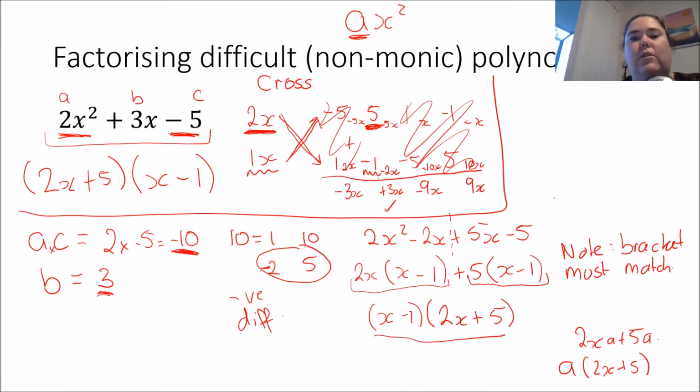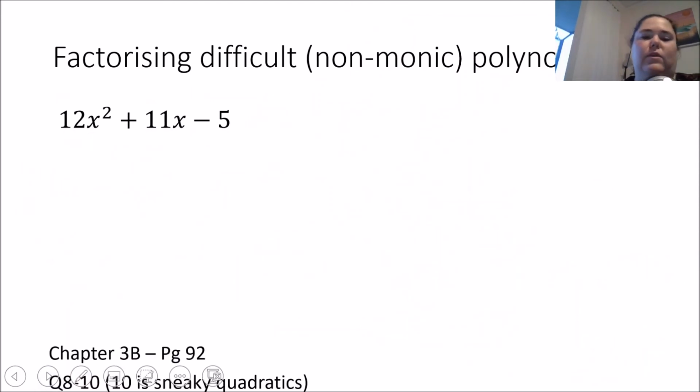Now ACB looks a bit clunkier, but it is actually so much quicker. And when you have something like this one, 12x squared plus 11x minus 5, it is so much faster. If you were going to do the cross method with this one, you would have to consider all of the options for the factors of 12 in your crosses.